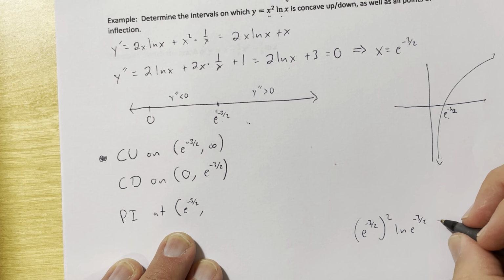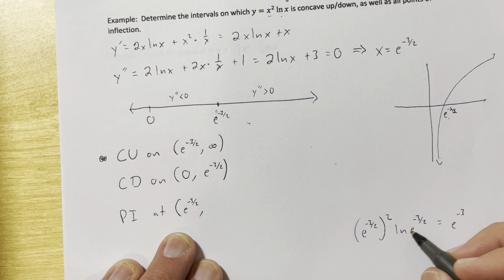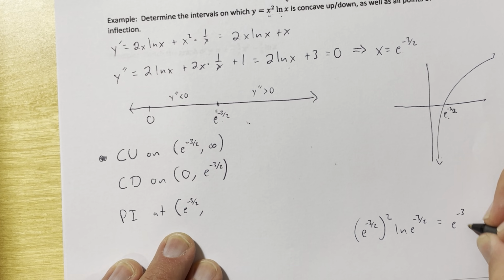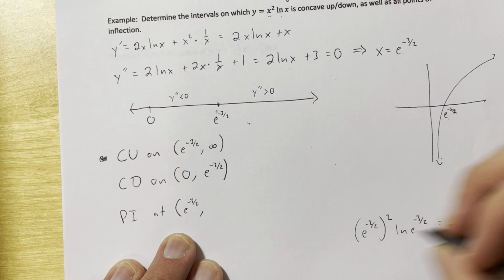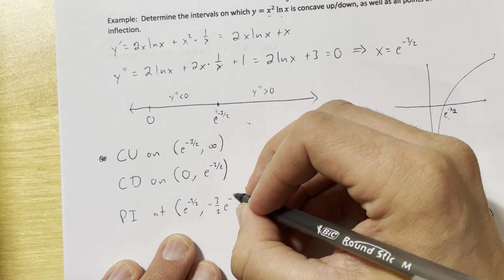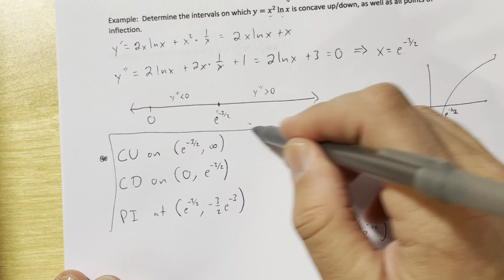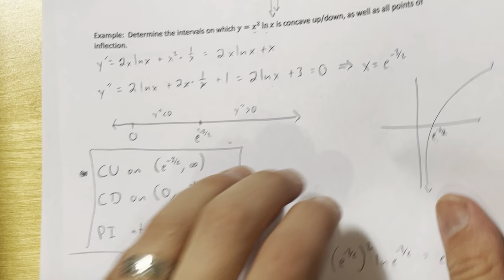This is equal to e to the negative third, just using an exponent property. And then this is just equal to negative 3 halves. So I'm going to write that as negative 3 halves e to the negative third power. Again, don't worry about decimals, just leave things in terms of e. Okay, so that answers that one.